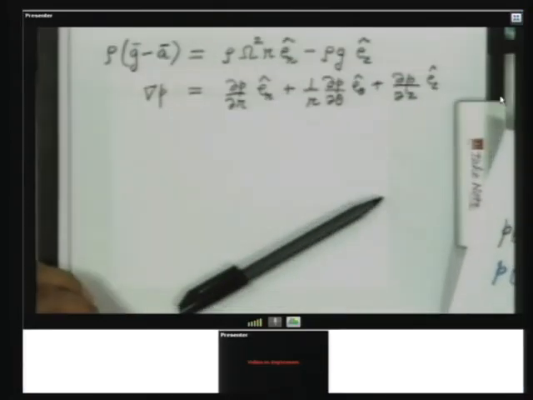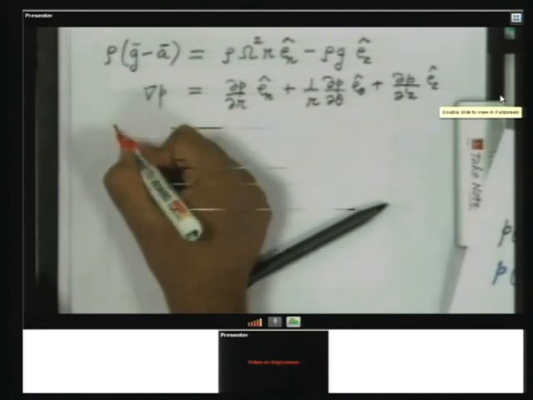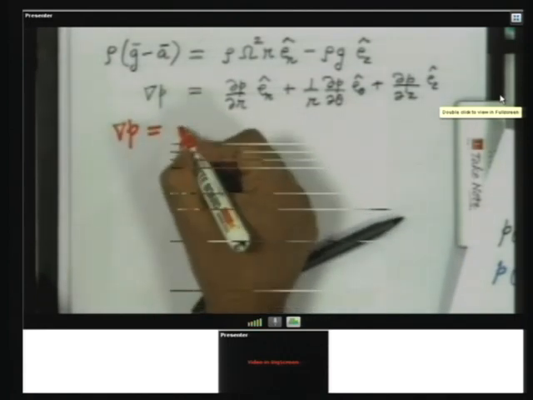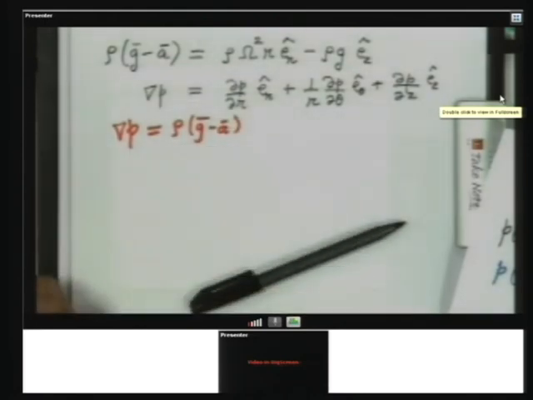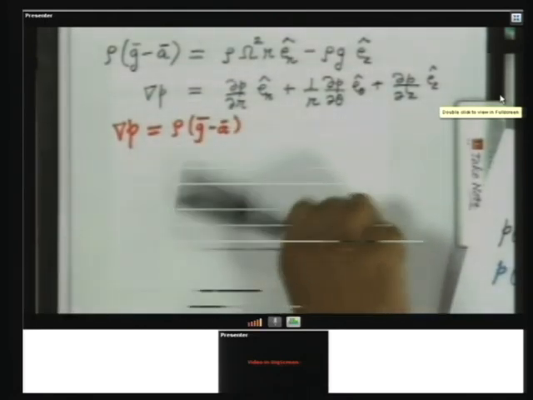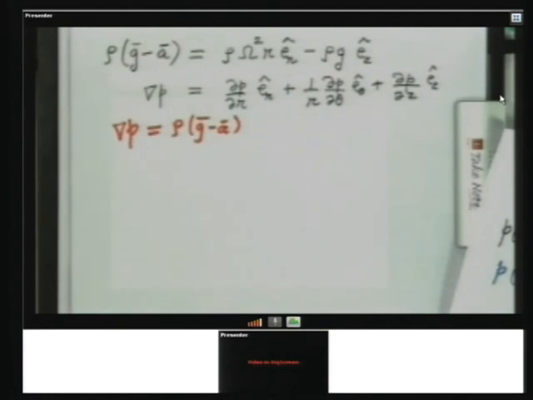Now, we will start with this equation grad p is equal to rho times g minus a and equate the r theta and z components of the vector.